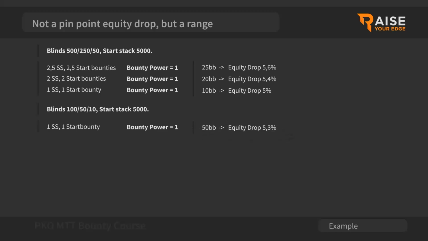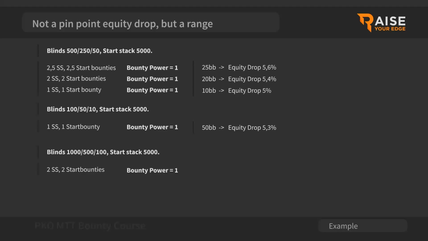We can do this for bigger blinds as well. This time the blinds should be 1,500 and 100, so essentially we multiply the big blind by 10. The starting stack should be the same. For those blinds, we are looking at the example that we will have to invest 2 starting stacks to win 2 starting bounties. Bounty power is again 1.